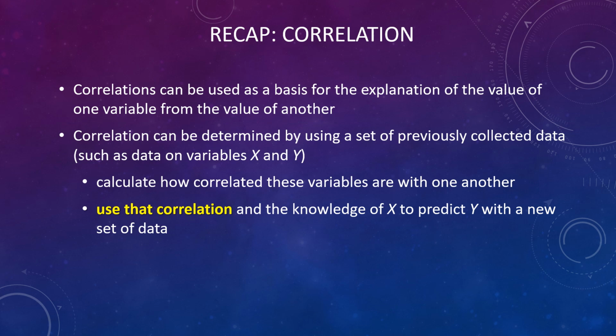And so remember what correlation does. Correlation helps us explain the value of one variable based upon the value of another. If I see a change in one variable, I can actually use that to assess what change is going to happen in another variable if those two variables are related. If they're not related, then there's nothing really to work with here.